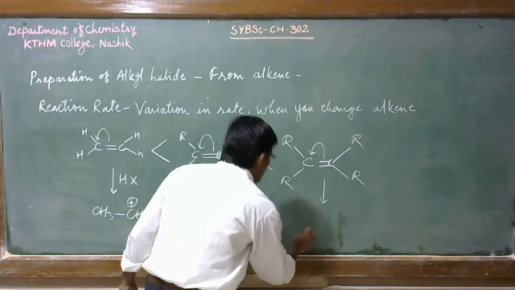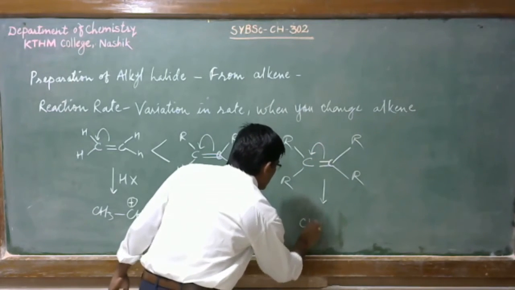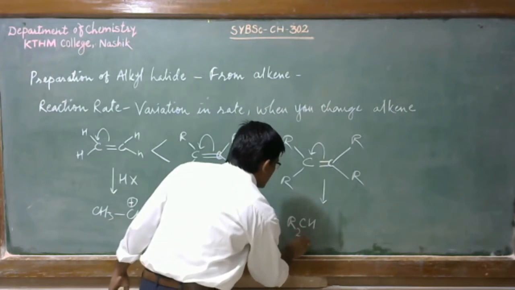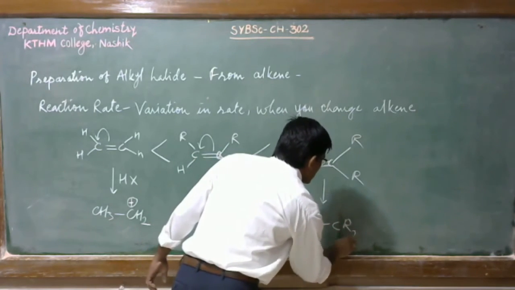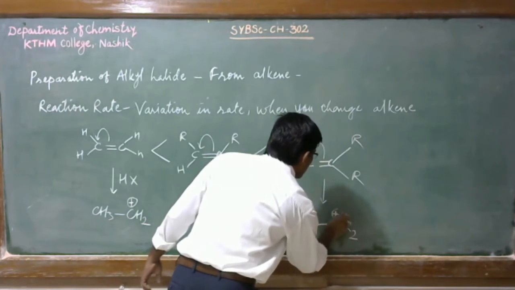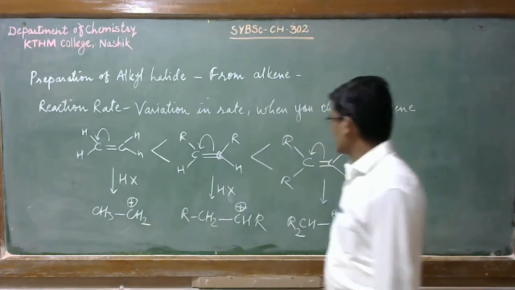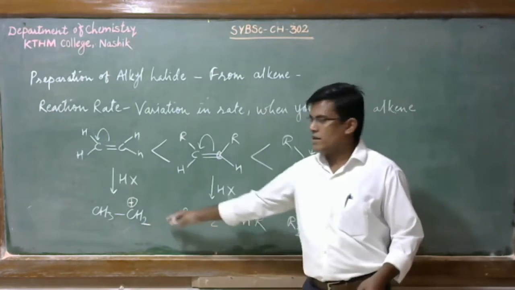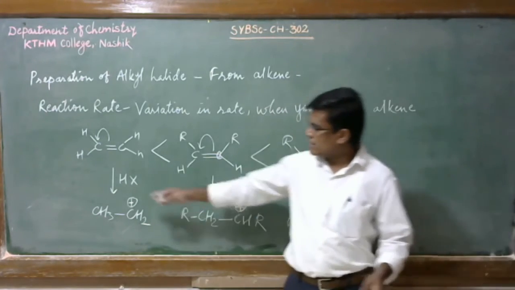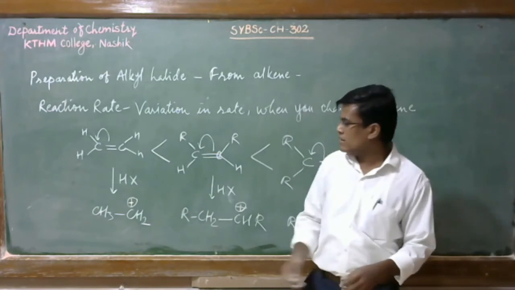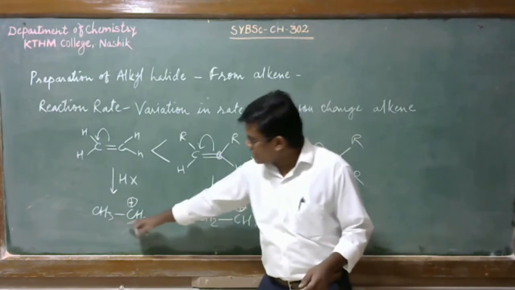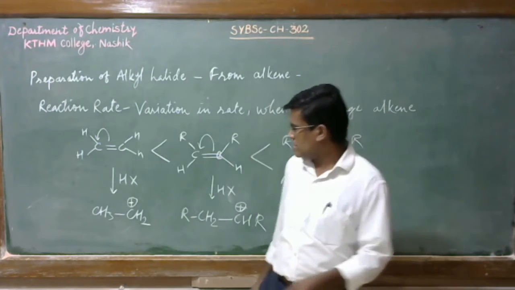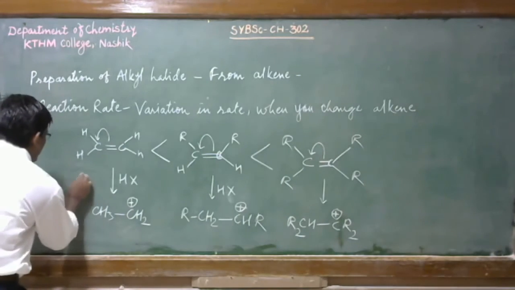Again this bond will break this way, and a tertiary carbocation will form. So when you add the hydrogen halide HX, hydrogen will get attached to one of the carbons and generate the carbocation. This is the first step, step 1.